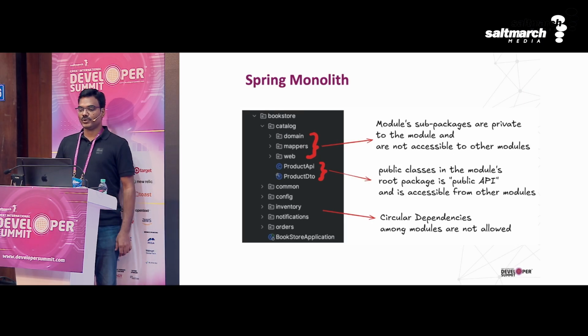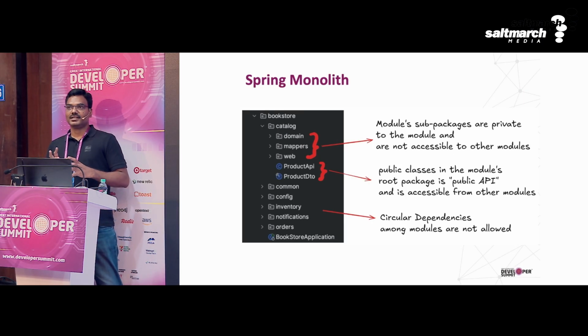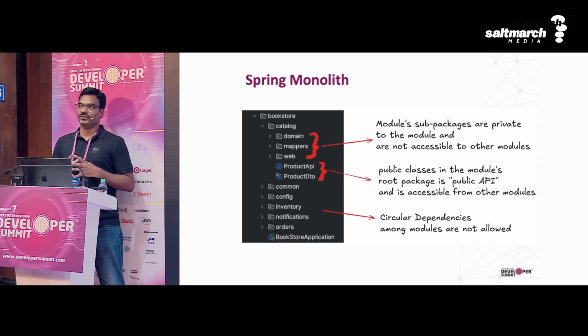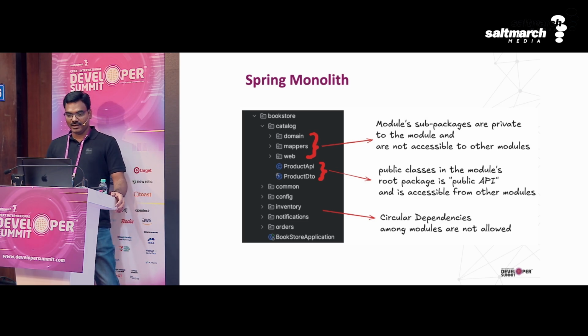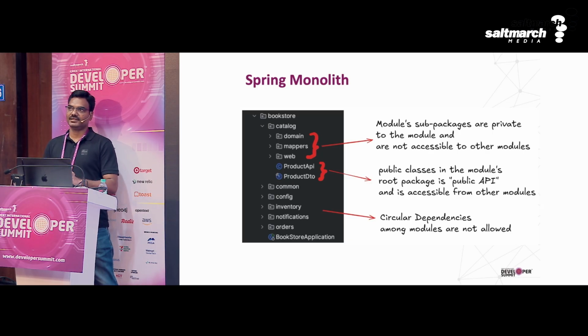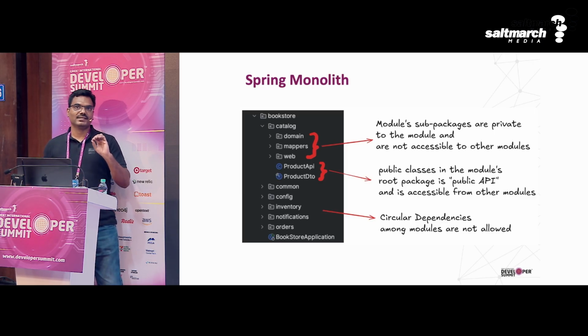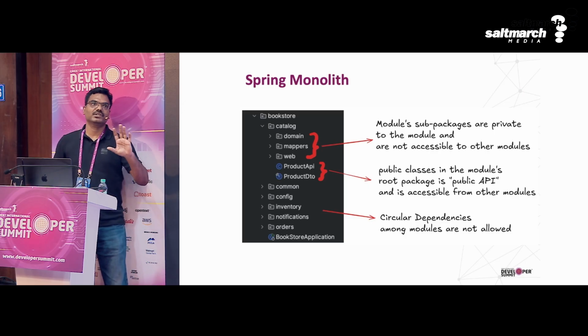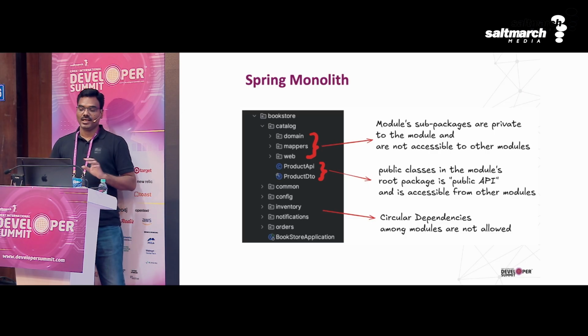When we have modules, there are certain rules that Spring Modulith follows. As we discussed, catalog is considered a module. Inside the catalog package, we have ProductApi and ProductDto. Both are public classes, or records, whatever, they are public. Only those two classes are accessible from any of the outside packages.